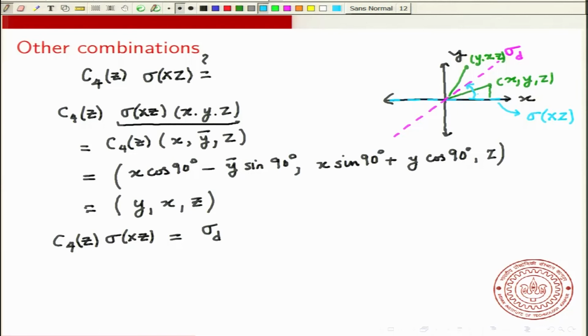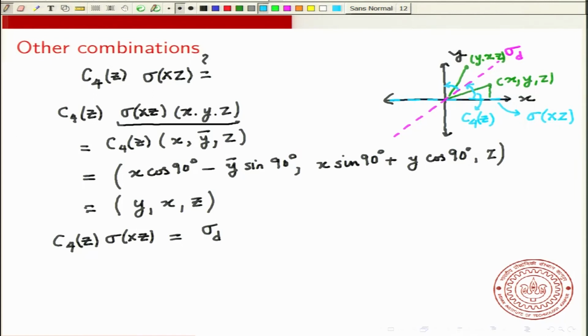This is like C4z operating on the mirror itself, and you can only do this when the axis of rotation is in the plane of the mirror. If you now operate C4 on this mirror again, you will get a mirror along the yz.